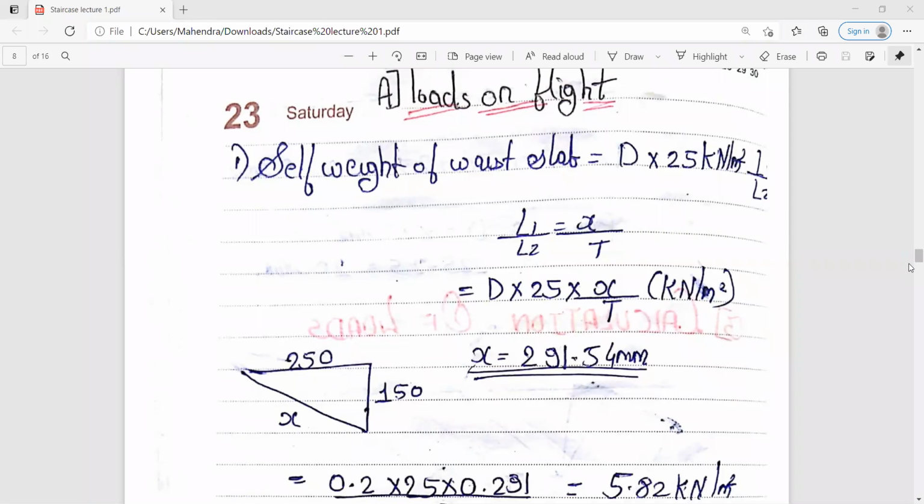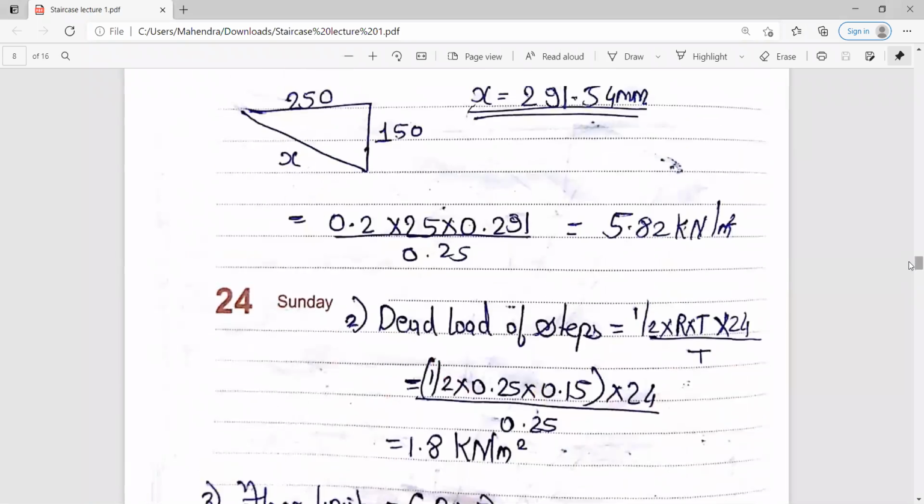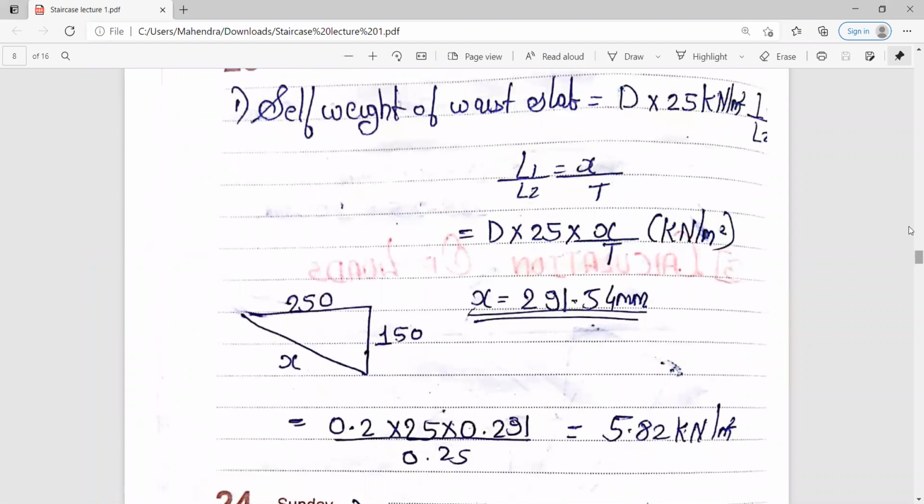After getting the value of x, you need to calculate the self weight of the waist slab. So D already you had calculated. So D is nothing but the 200. So substitute the value for D over here into 25 into L1 by L2, that is x by T. So x की value you had got, that is 291.